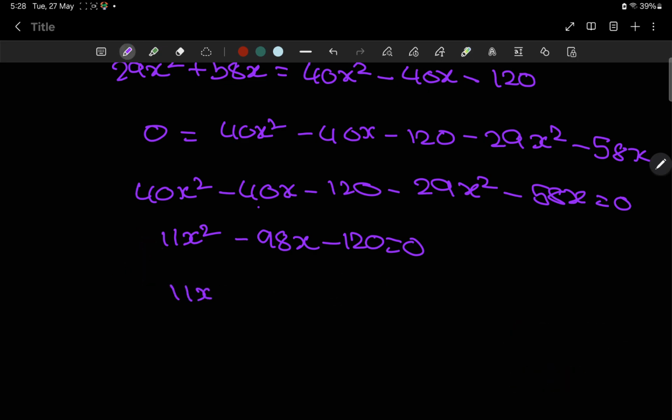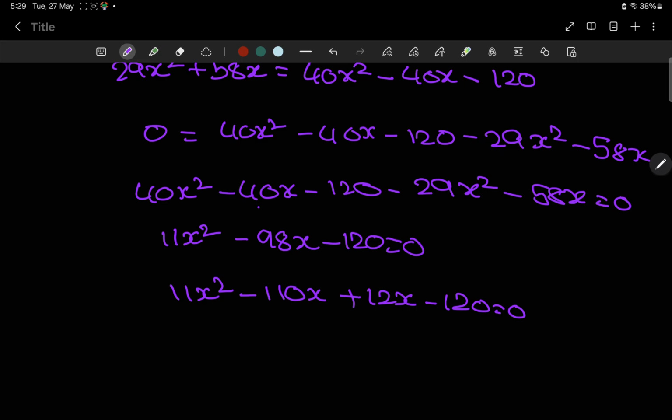So 11x square minus 110x plus 12x minus 120 equal to 0, because here for the largest number minus is there, right? So we have to write minus for the bigger number. So we have to subtract 12 from 110, right? So we have to write plus, and if you want to add, we have to write minus here also.